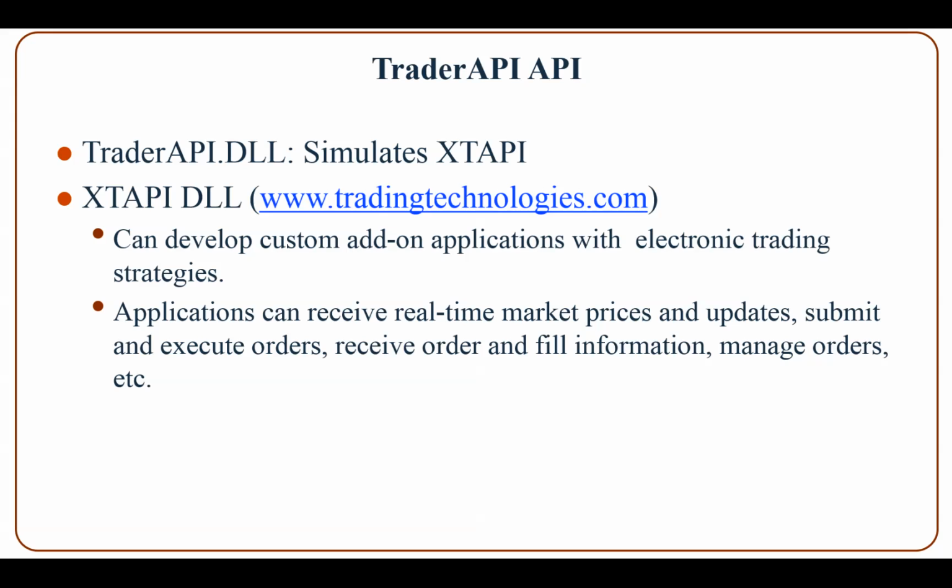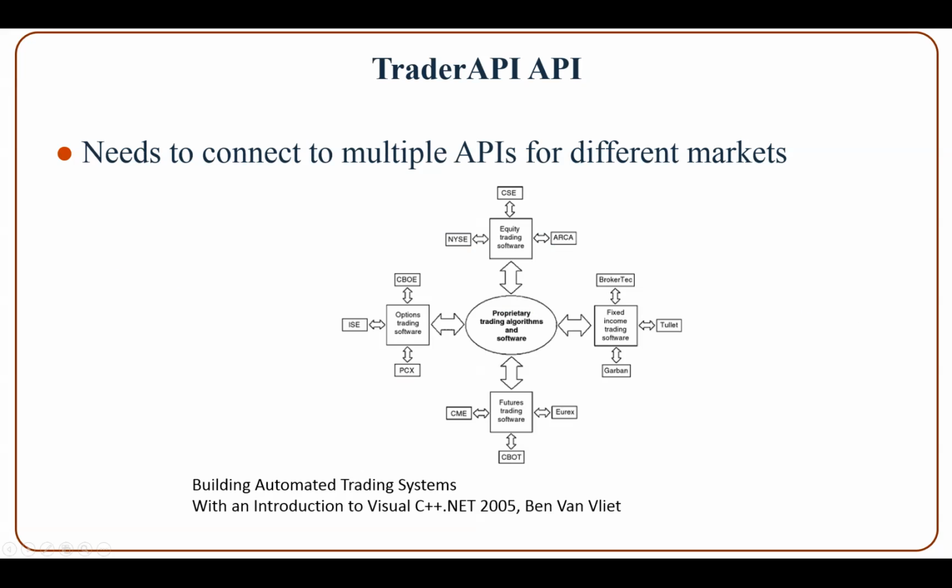An application can receive real-time market prices and updates, submit and execute orders, receive orders and fill information, manage orders, and so on. A trading application may need to connect to multiple APIs for different markets.